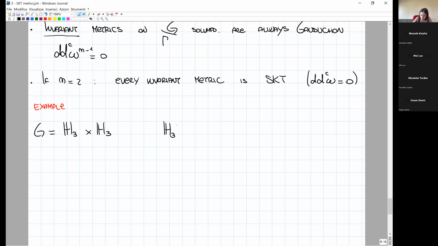So let's say H3 is the set of matrices of this type. So we have 1 on the diagonal and x, y, z in the upper part of the matrix. x, y, z are real numbers. So this is the Heisenberg Lie group.